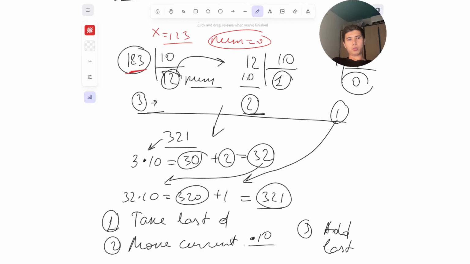Digit equals x mod 10, as we wrote in our code, and then our result becomes 3. Number multiplied by 10 means that our numerical 0 multiplied by 10, and then the result becomes 0.